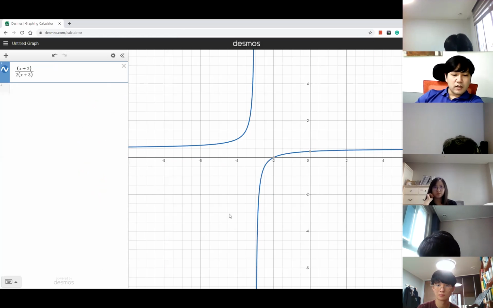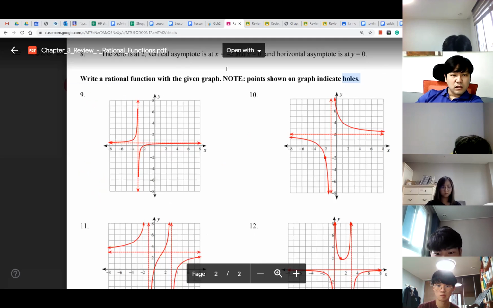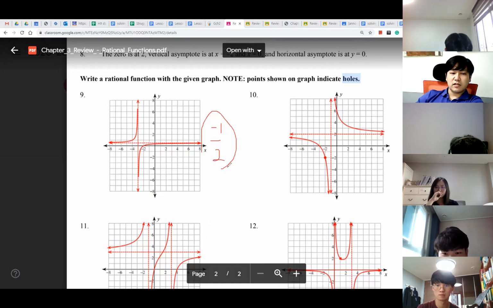If you put a negative there, it's going to give us something like that, and our horizontal asymptote would be down here. So it changes the whole purpose of finding the horizontal asymptote. So that has to be positive. Okay, all right, good. So we got the answer.